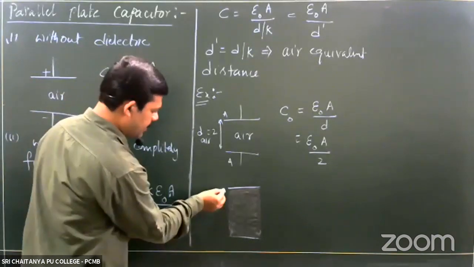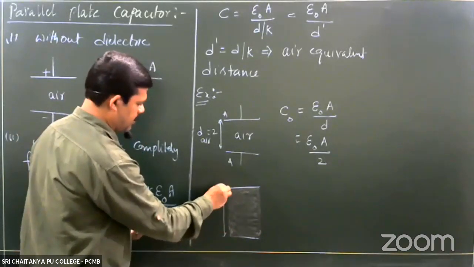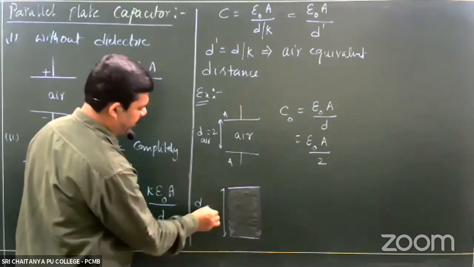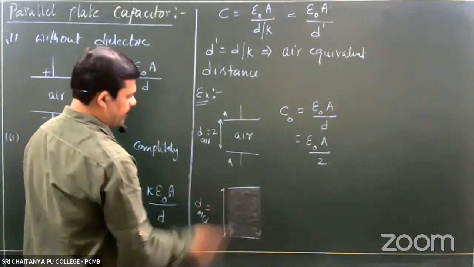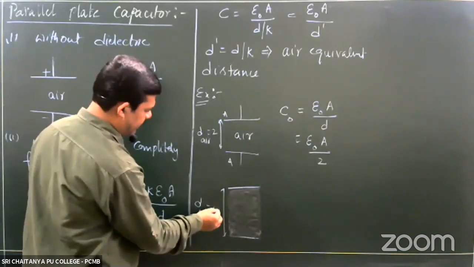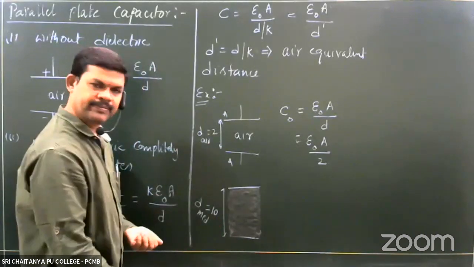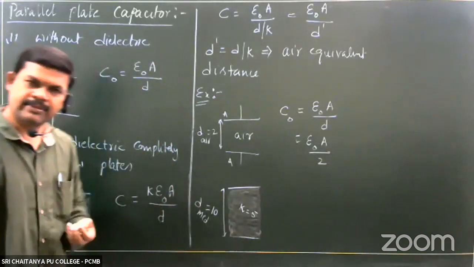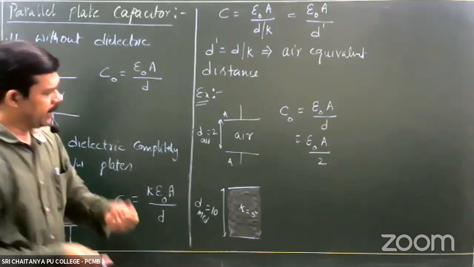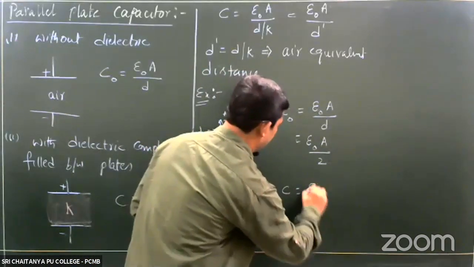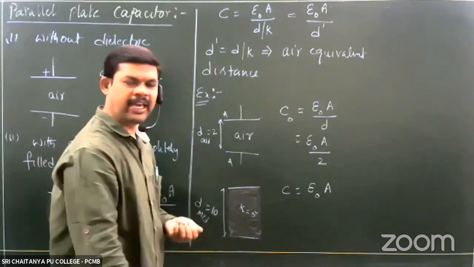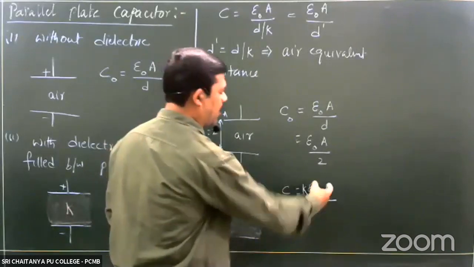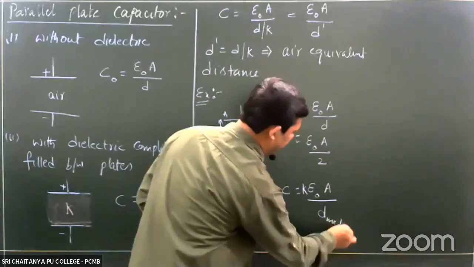See here, this separation is D in medium, which is some 10 meter, where K is some 5. Now, we have a formula K epsilon naught A by D in medium.